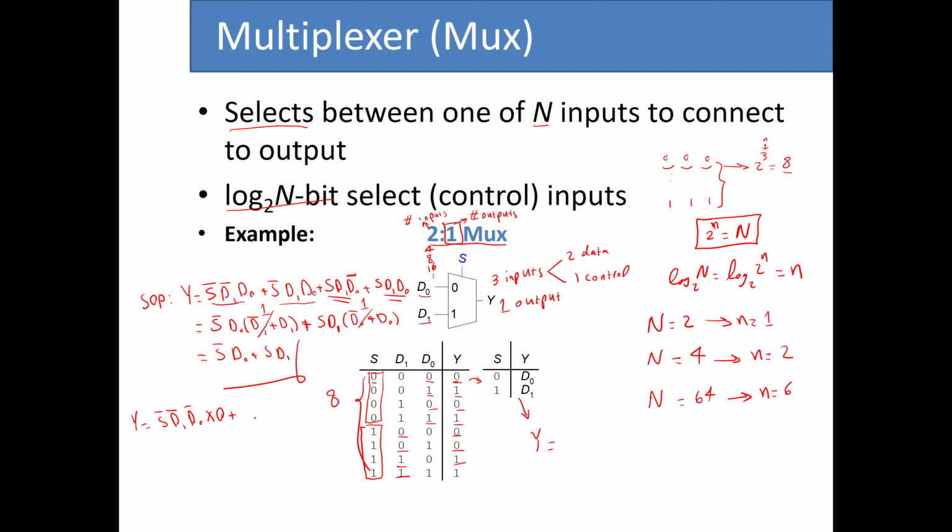And then for the next one, S bar D1 bar D0 multiplied by 1. This is for the next row. And then so on and so forth, right? If I continue this for all the 8 terms, basically for the ones for which the output is 0, these will be cancelled out, right?